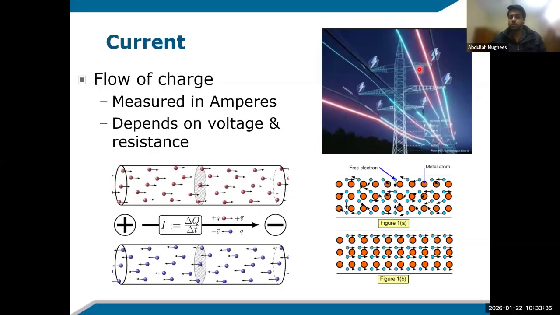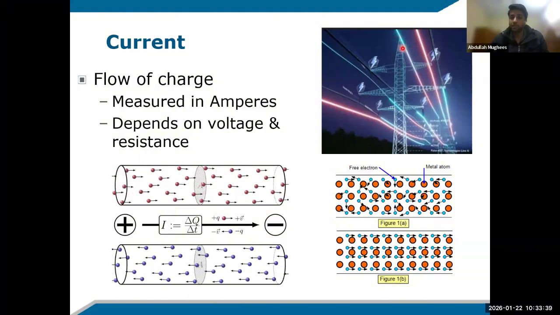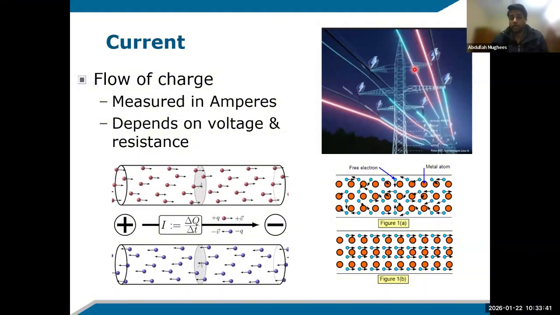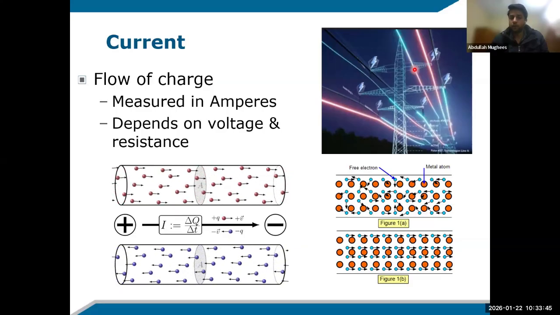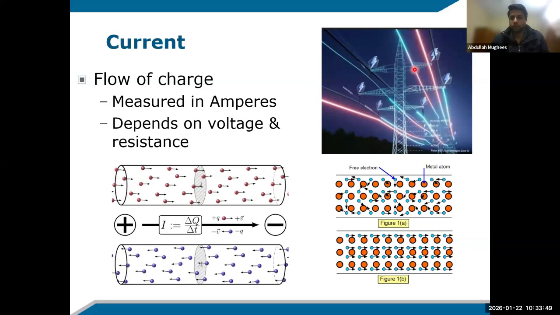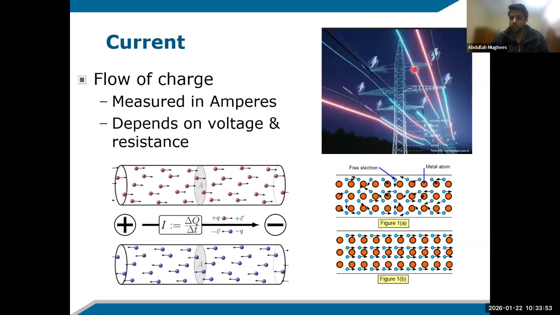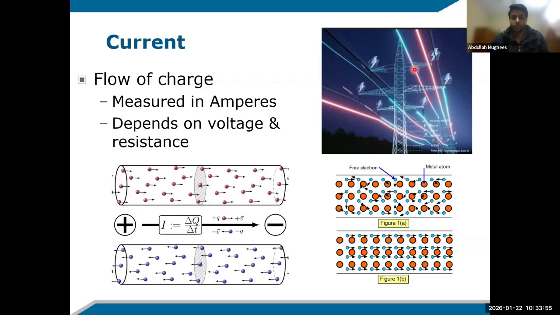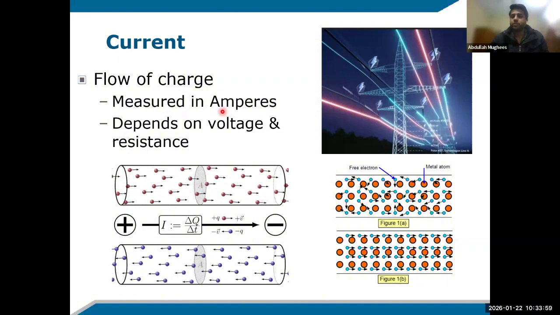I included this picture to show you that, although we don't see it, there is electrical current passing through a lot of the wires that we use in the transportation of power. Of course, it is not visible to the naked eye, but there are electrons moving in these wires. That is current. It is measured in amperes.